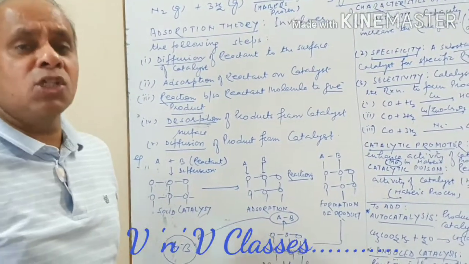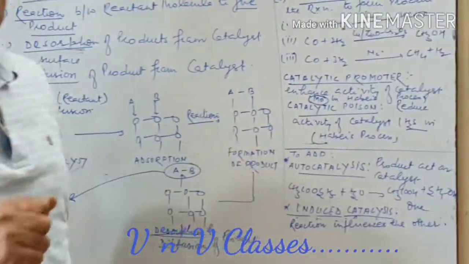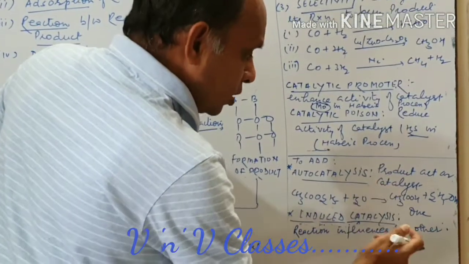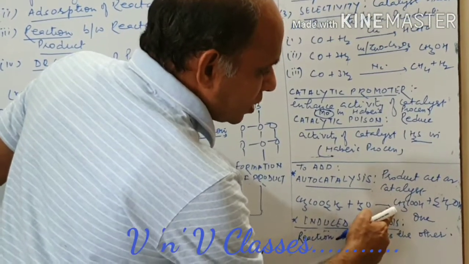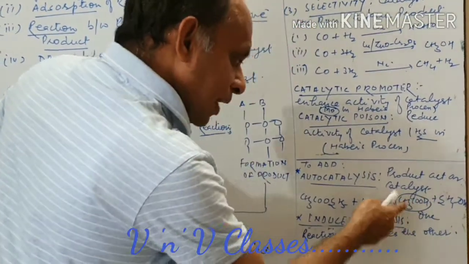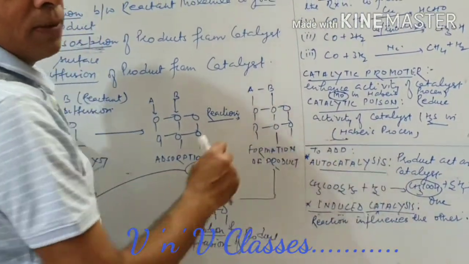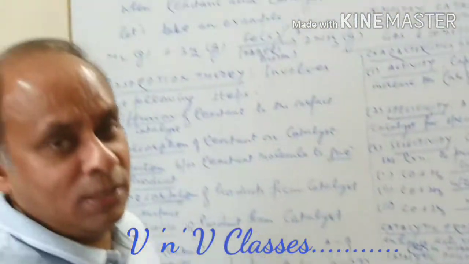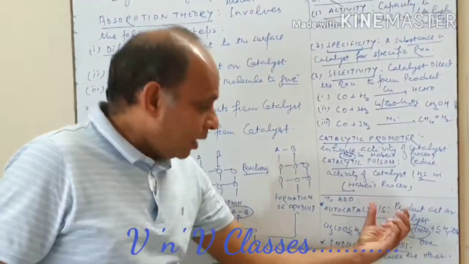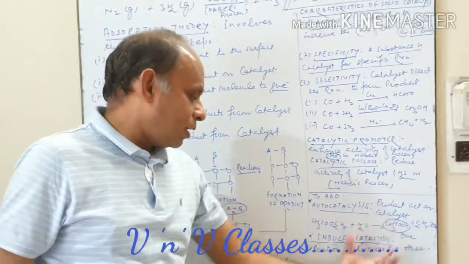It doesn't mean that the reaction will not take place. The reaction will take place, but at a slower rate. But as and when the ester is initially dissociated to form carboxylic acid and alcohol, this carboxylic acid, because acid is formed, is going to catalyze the further reaction. This is called autocatalysis. Autocatalysis means the product which is formed is going to catalyze the reaction. This is the concept of autocatalysis.